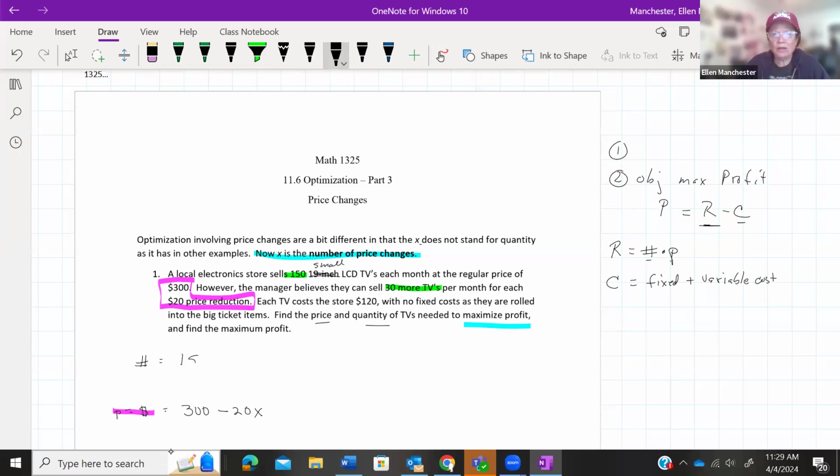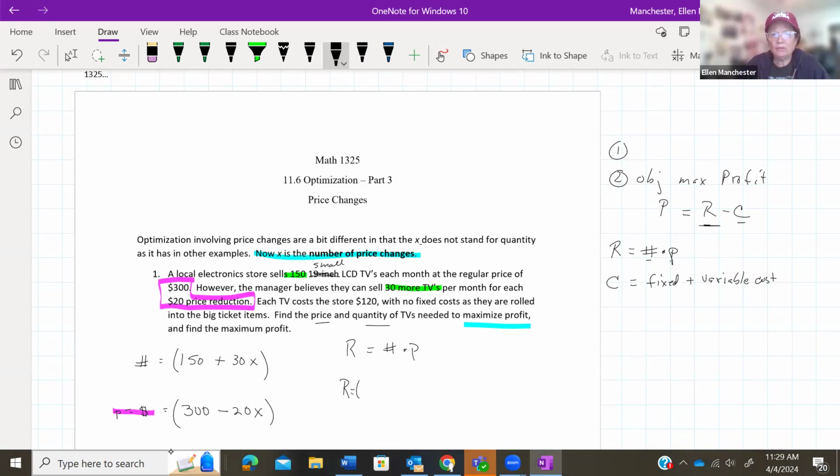So we start with 150 TVs, and we sell 30 more every time I change the price. Okay, so what you start with is the solid number, and then the changes is where the X comes in. Okay, so I have just set up my revenue function. My revenue is the number times the price.